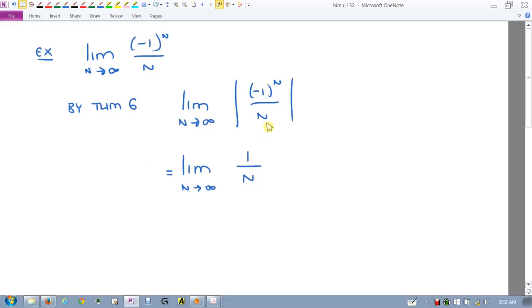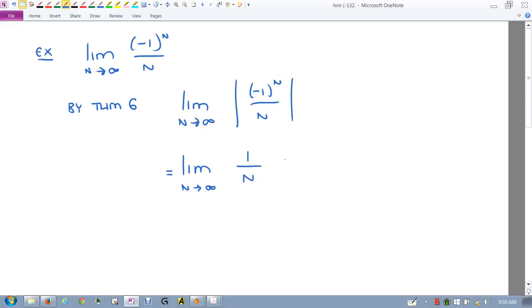Why do I take the absolute value of n and get n? It's just n, right? Remember, n is a positive number, so the absolute value of it should be itself. So this is just going to reduce to this. And this limit is a very basic one from Cal 1. You just have a fixed number over infinity.